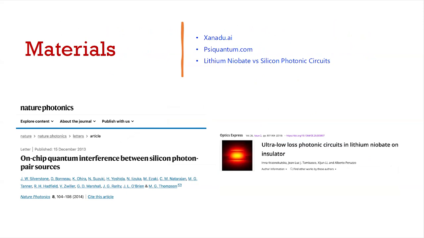We have a lot of experience with it, and we have some bias maybe here. But these two are competing and popular materials to design our integrated photonic chips. You can look also at the X8 chip of Xanadu and other works of PsiQuantum. It's getting less popular, maybe, but we will see.